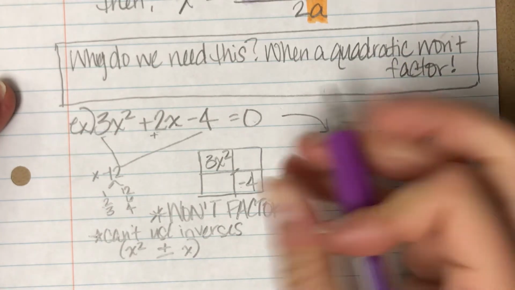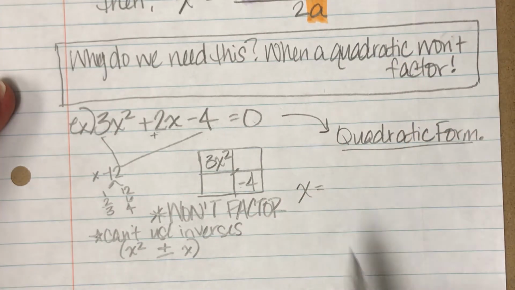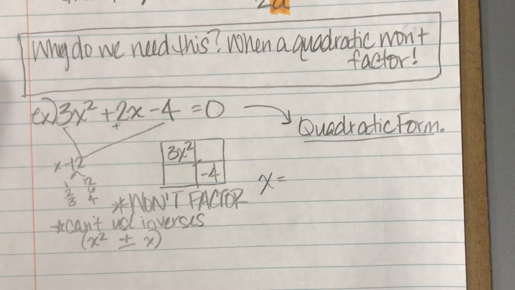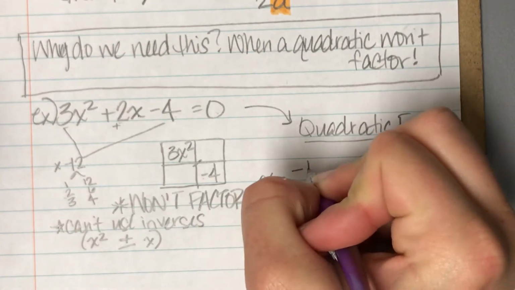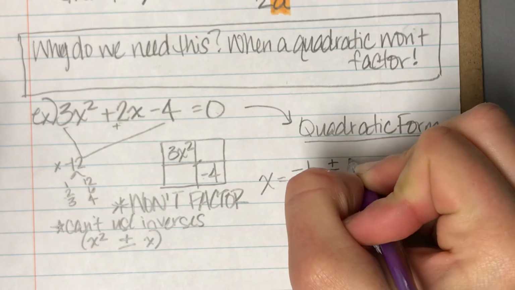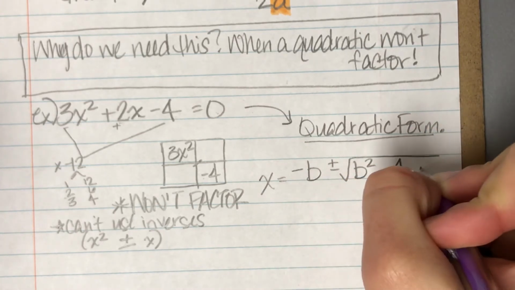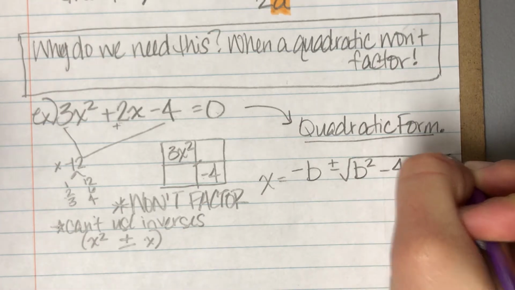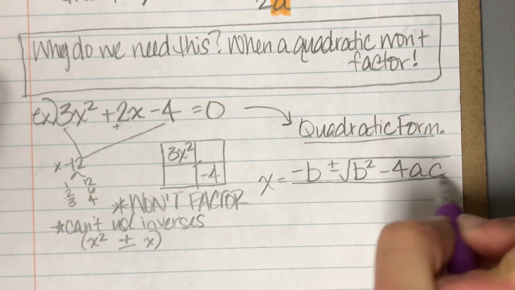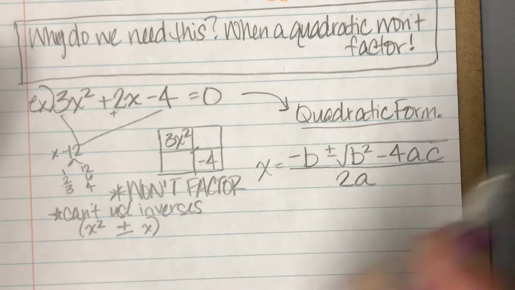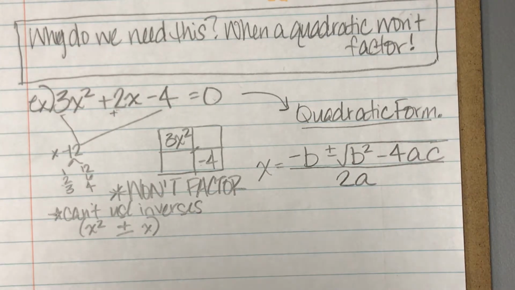And the quadratic formula says that x equals negative b plus or minus the square root of b squared minus 4ac, all over 2a. This is not a formula you have to have memorized. It's on your star chart, so don't think you have to memorize it. You're welcome to memorize it if you want to, but you absolutely do not have to.